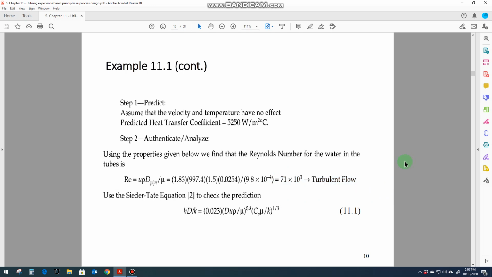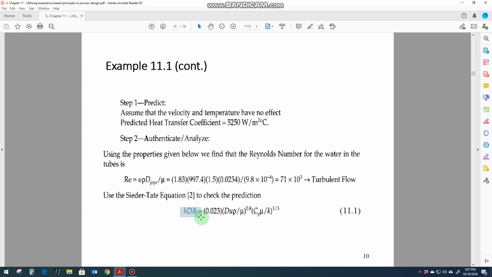Now if you have studied the heat transfer course, then we have used the Dittus-Boelter equation to get the value for the Nusselt number, or to get the value for the heat transfer coefficient. The Nusselt number is equal to hD over k, where h is the heat transfer coefficient, D is the diameter of the pipeline, and k is the thermal conductivity.